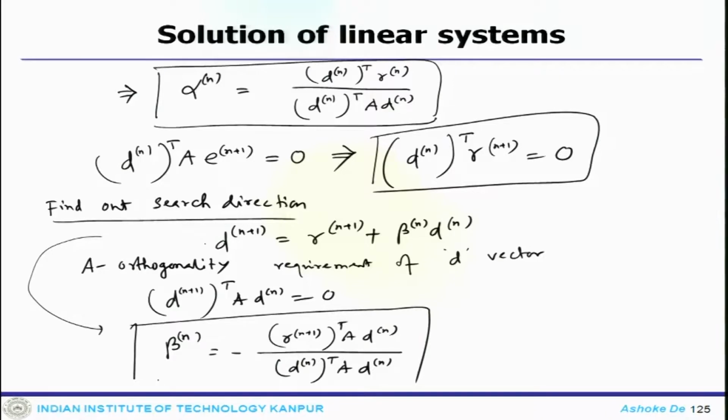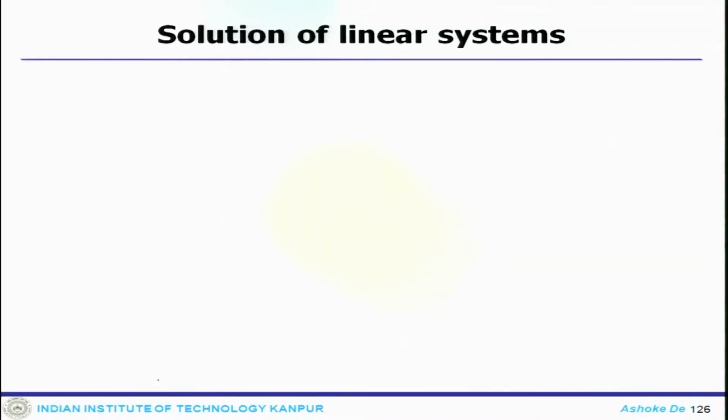Now, you can express A d n using this information. You can express A d n in terms of alpha n and minus R n. So, you get this.